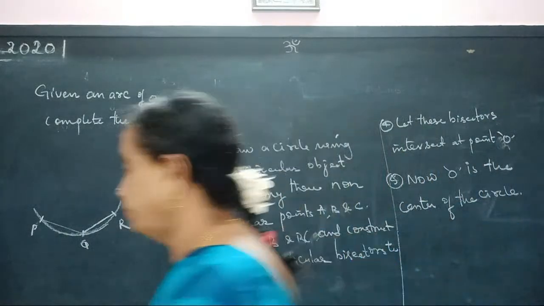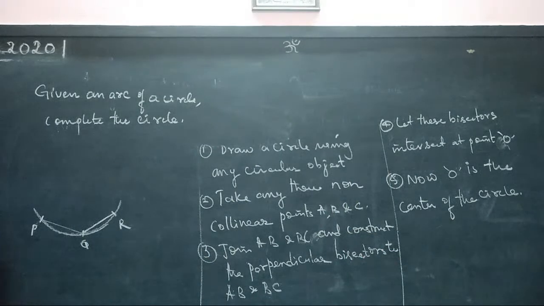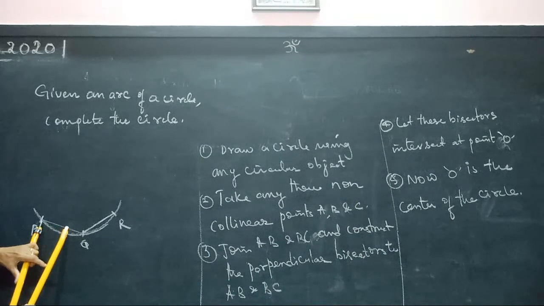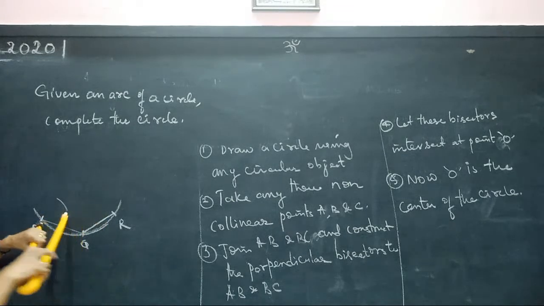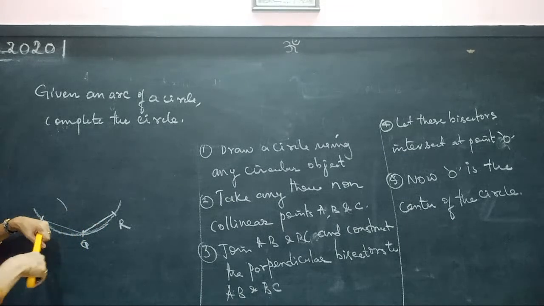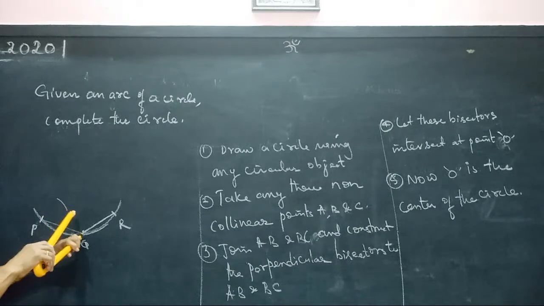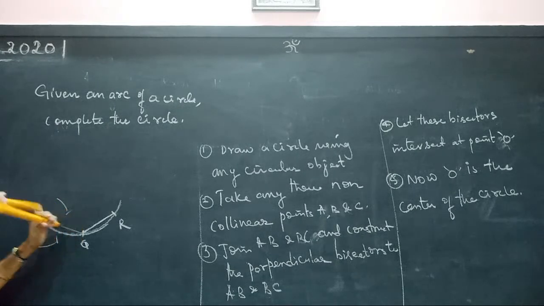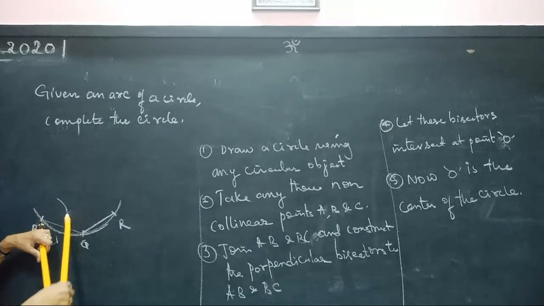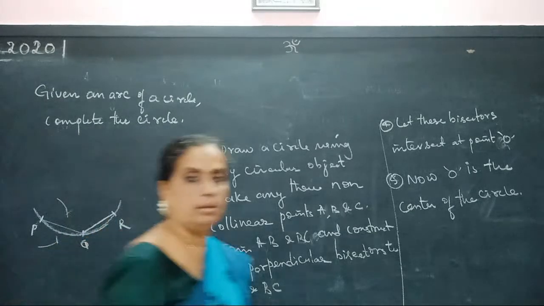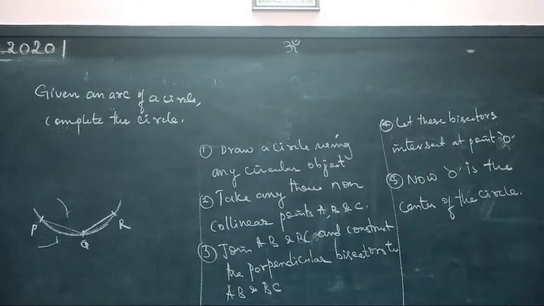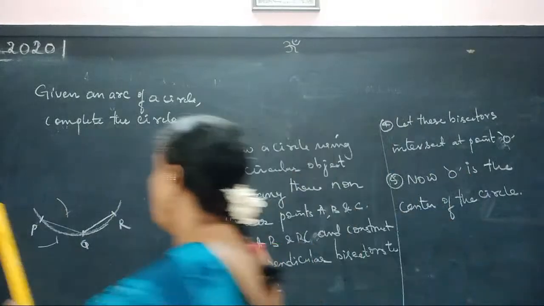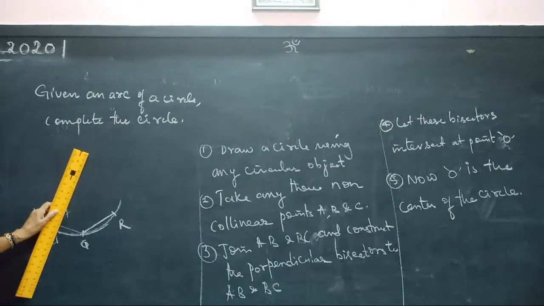Now, taking more than half of PQ, draw an arc on both sides of PQ, cutting off the former arc. Now join the intersected arcs with the dotted line.